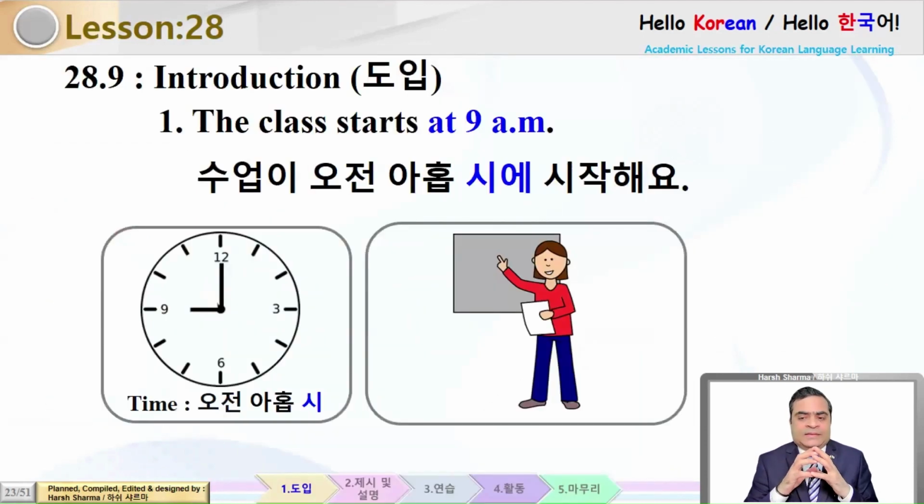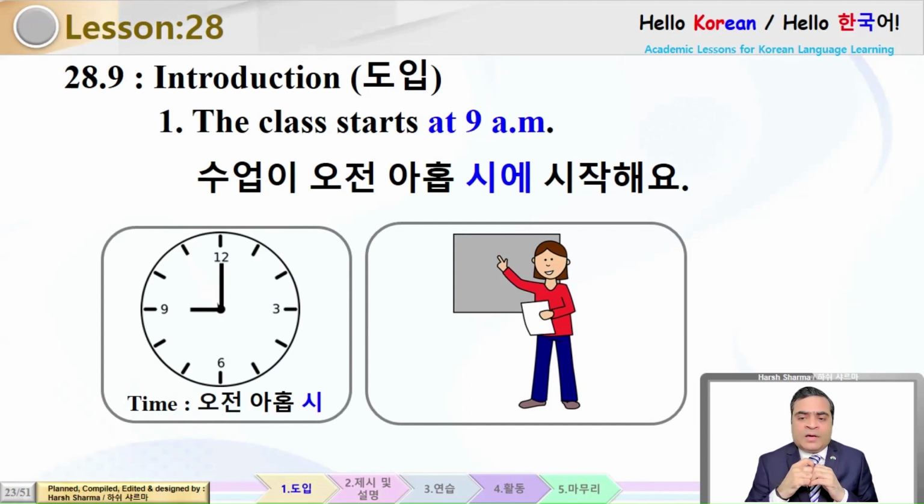See this sentence. This sentence will give you the idea how A is used to express the time. See the English sentence first. The class starts at 9 a.m. How to say this sentence in Korean? Class, you know, 수업. Now 9 a.m. also you know. For the a.m. we have to use ojon.